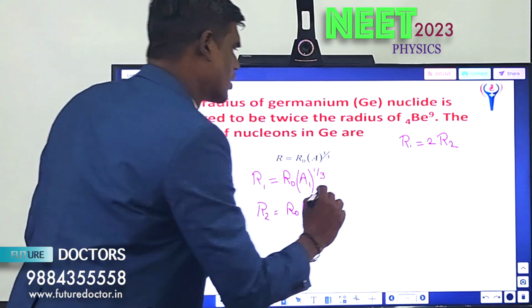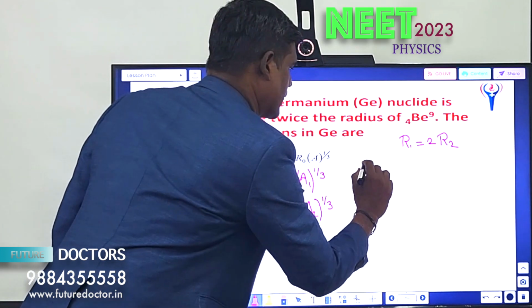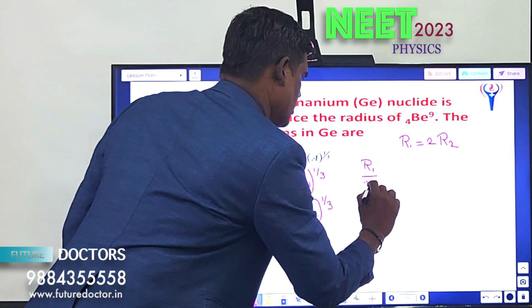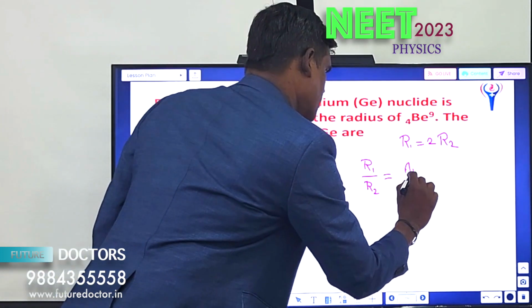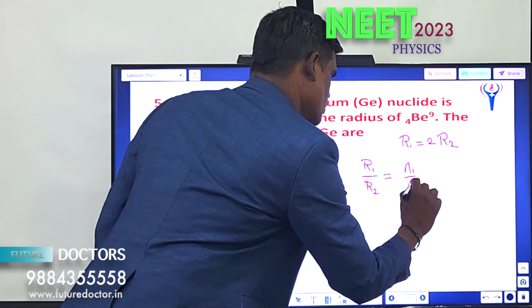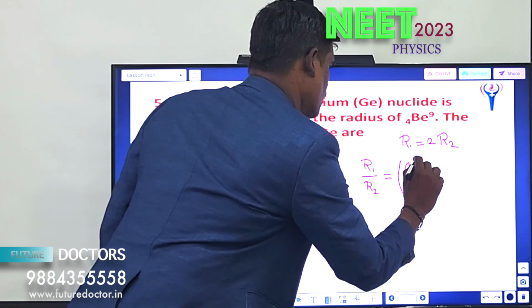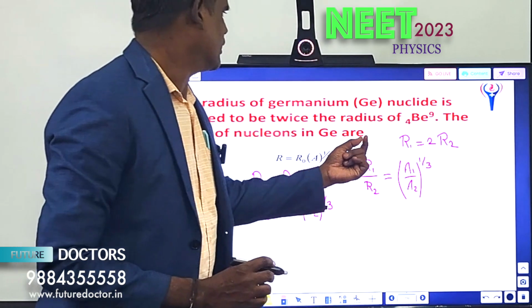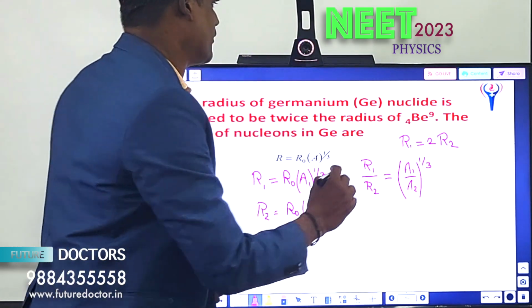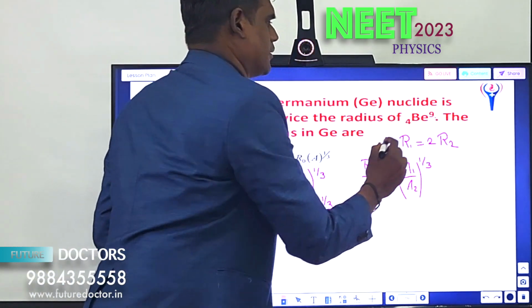And R1 by R2 equal to, R naught will get cancelled, A1 by A2 whole power 1 by 3. And A1 only we want to find, and A2 is given. What is A2? 9. Is it so?